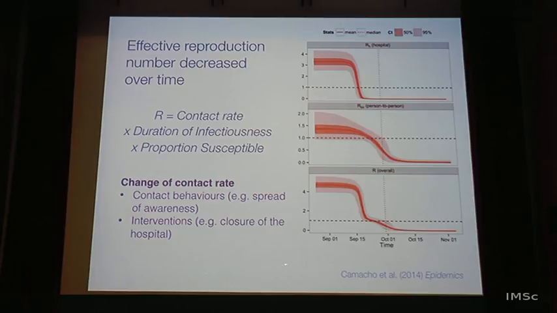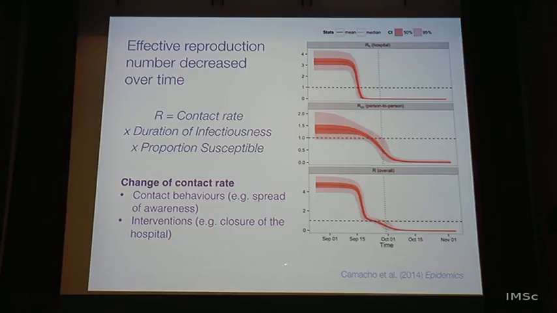The question when you see that is, the hospital closed here, the dots. You see that the reproduction number in the hospital drops much before. So you might think this suggests that the hospital closure didn't play such a big role. We looked into some other studies made at this time, trying to describe the outbreak.